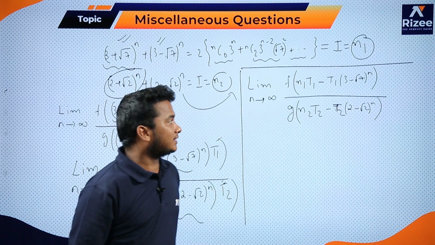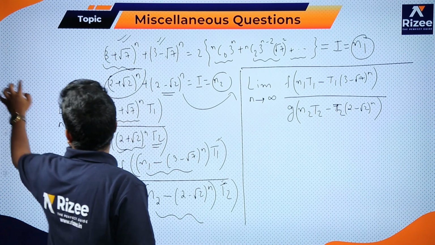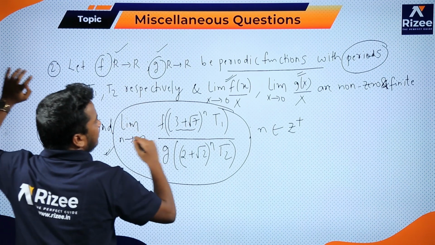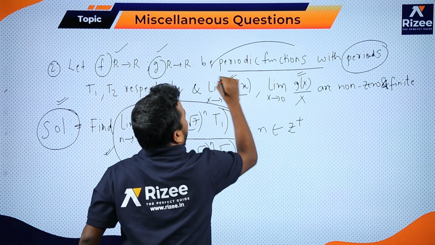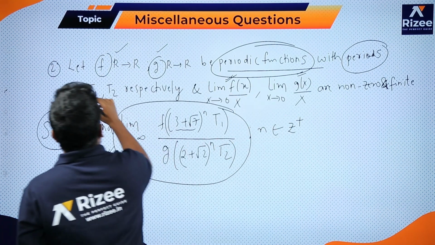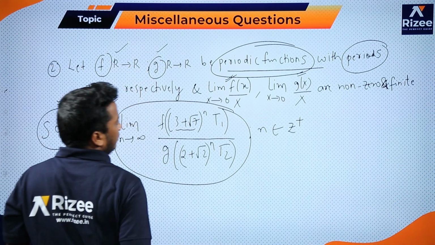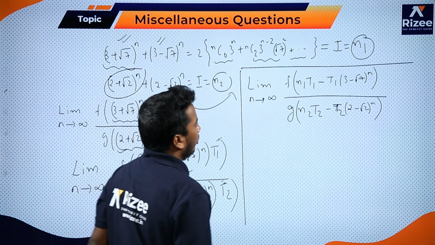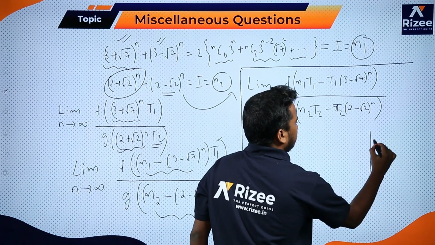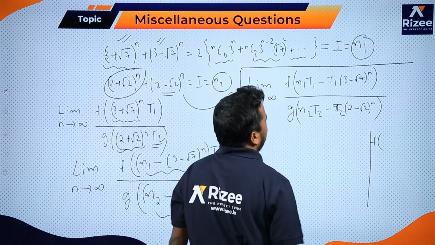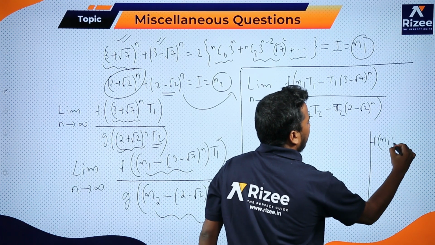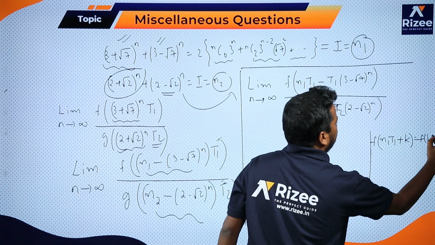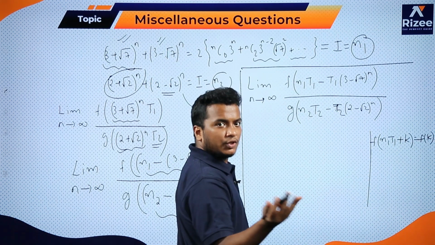The interesting part is, in the question they have mentioned f and g as periodic functions with periods t1 or t2 respectively. So from this particular information, what I can say, f of n1 t1 plus k equals f of k, because the function is periodic.